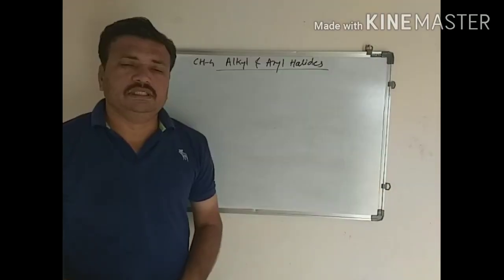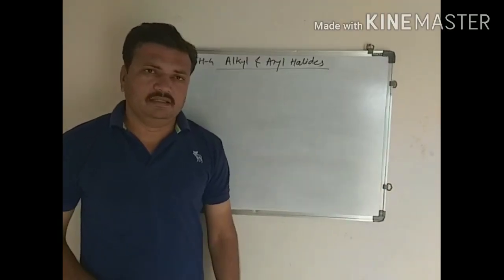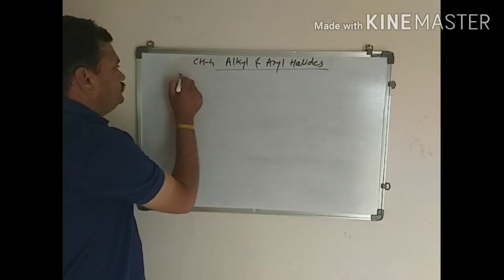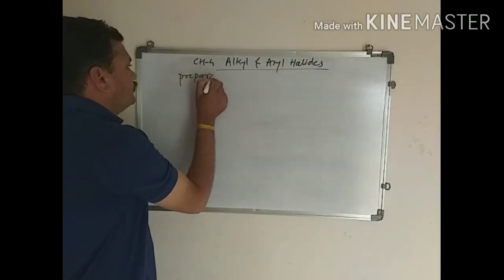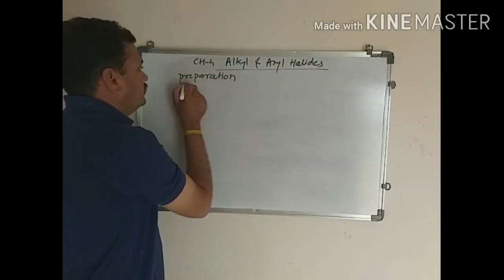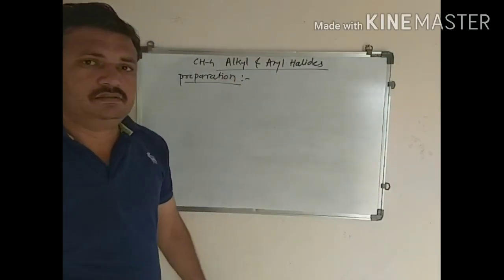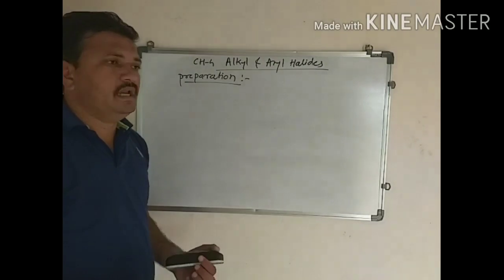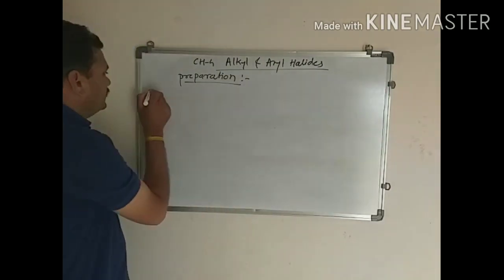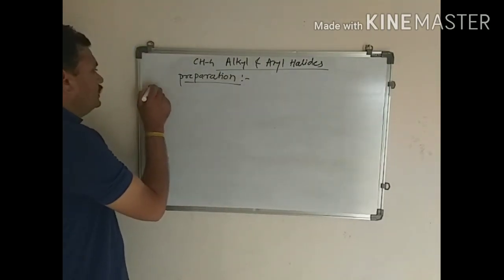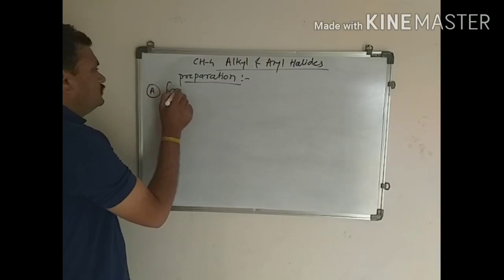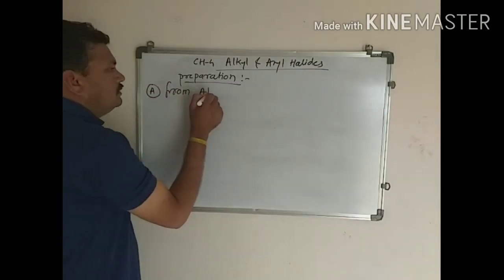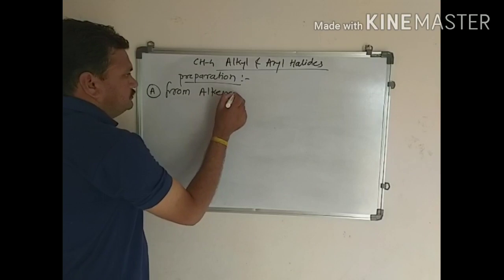We are going to see the preparation of alkyl halides. In your university syllabus, there are 2 methods given for the preparation of alkyl halides. In that, first method is from alkenes.